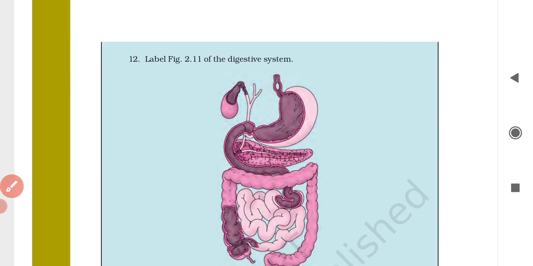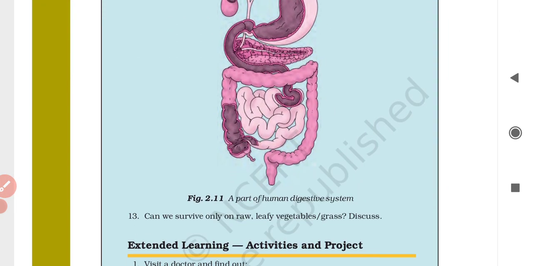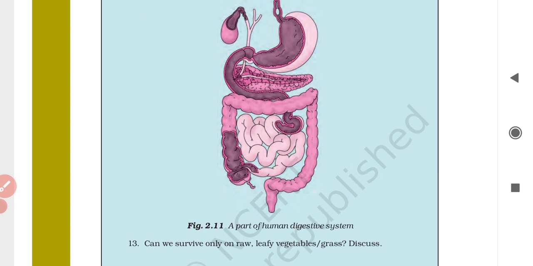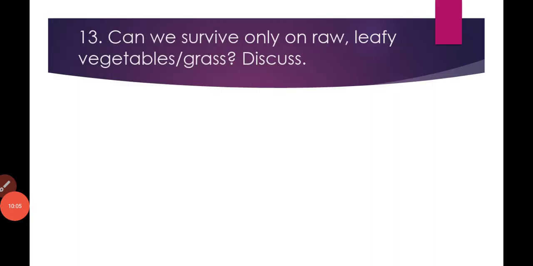And this completes question number 12 also. So the last question is, can we survive only on raw leafy vegetables or grass? Discuss. So question number 13.